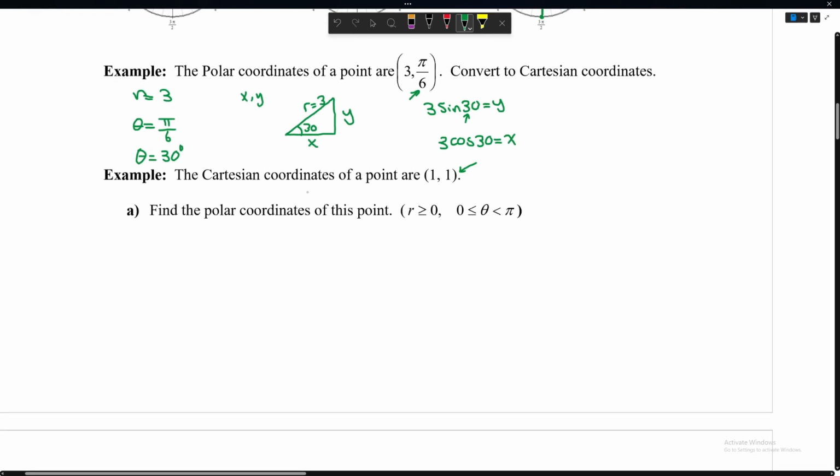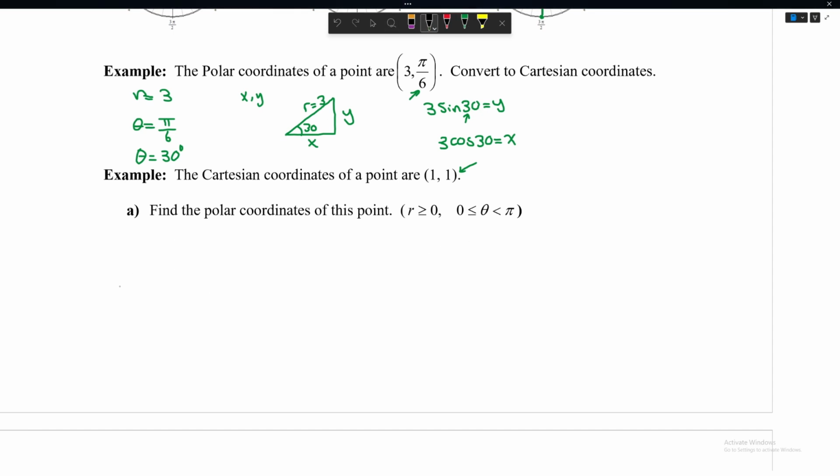And it's saying find the polar coordinates of this point. So now we're going to say, same thing. Use black. So if I make a straight line, right here, there you go. And what it's saying is my x is 1 and my y is 1. What is my r and what is my theta?